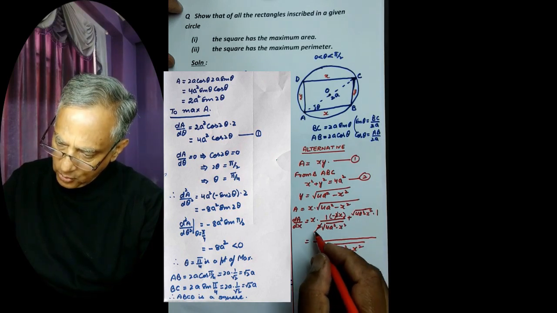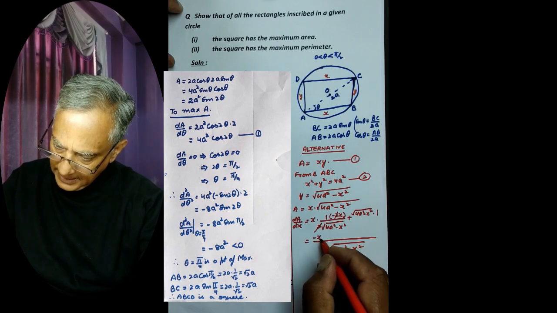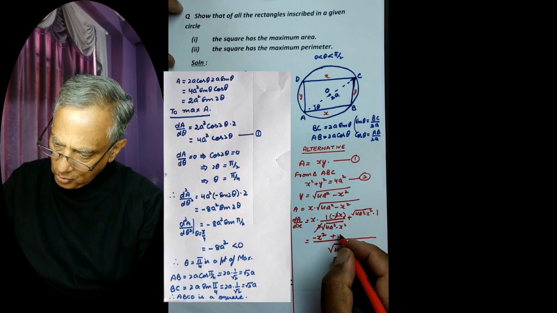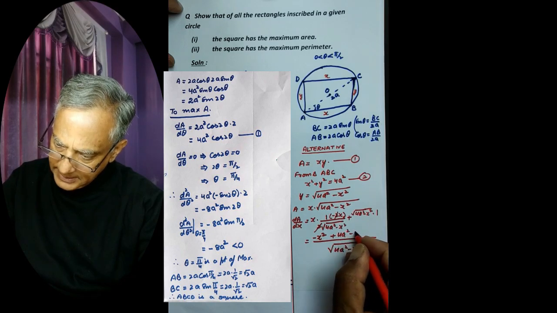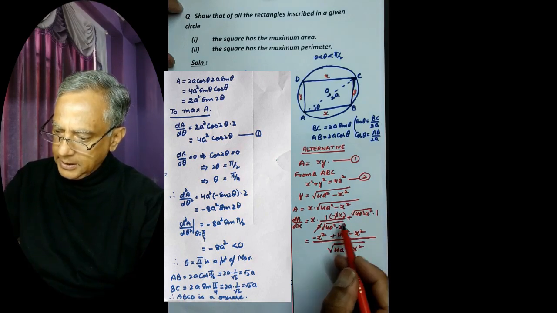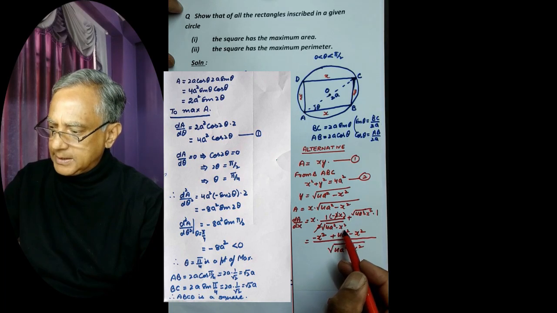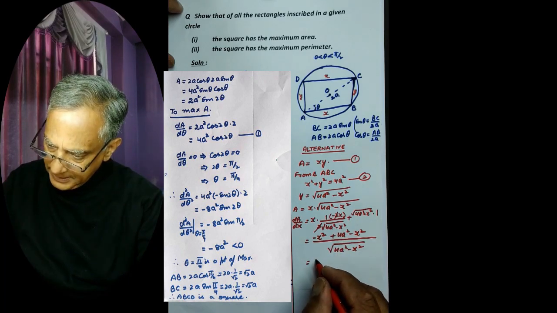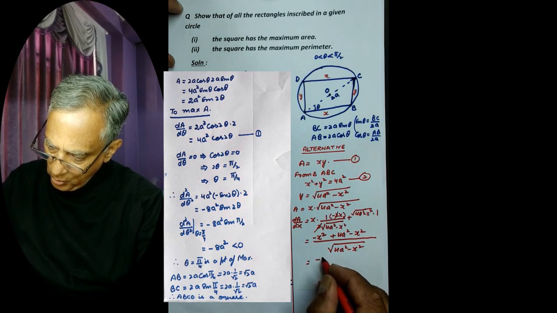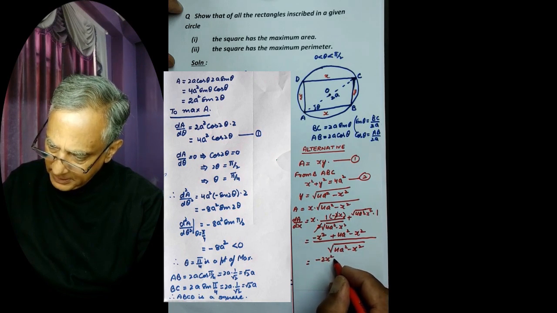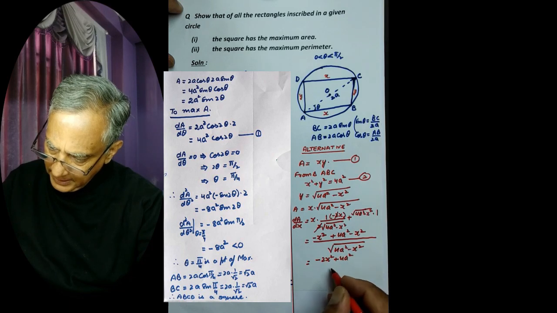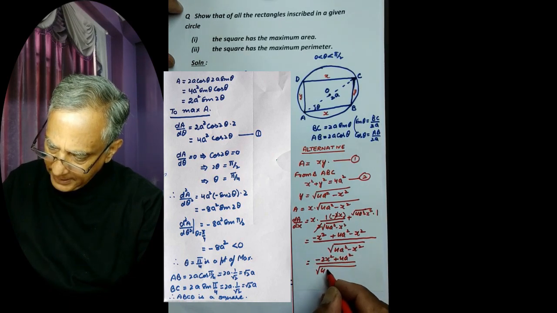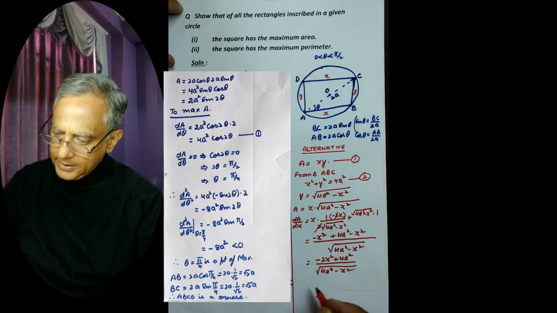So this is equal to minus x square plus 4a square minus x square, which is equal to minus 2x square plus 4a square, whole divided by under the root 4a square minus x square.